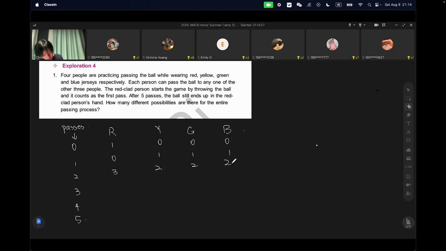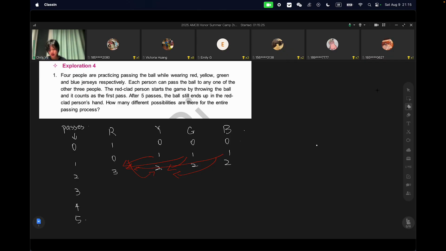It's going to look something like this. Then I'm going to mark it with a different color. These have all passed to red, so that's going to be 3. And for yellow, it will be something like this. It will end up being 2, and it's the same for green and blue.